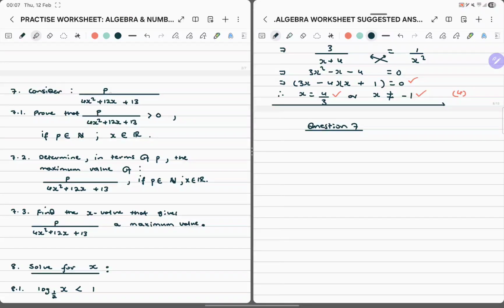Question 7 says consider P over another rational expression. Prove that P over this thing is greater than 0 if P is an element of natural numbers, meaning positive integers. Folks, it helps to know the implication. What do we mean by natural numbers? We mean positive integers.